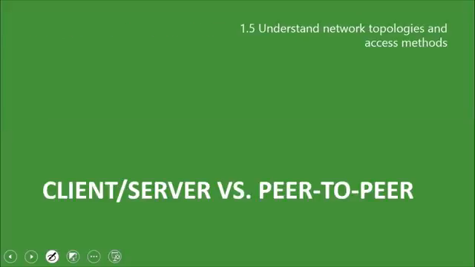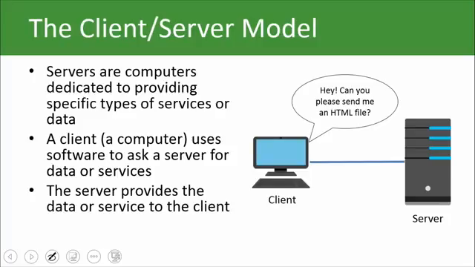All right, let's talk about the client-server model, and also peer-to-peer. The client-server model depends entirely on devices called servers, and servers are computers dedicated to providing specific types of services or data, like email, or maybe a web server. We'll detail different types of servers in just a second.